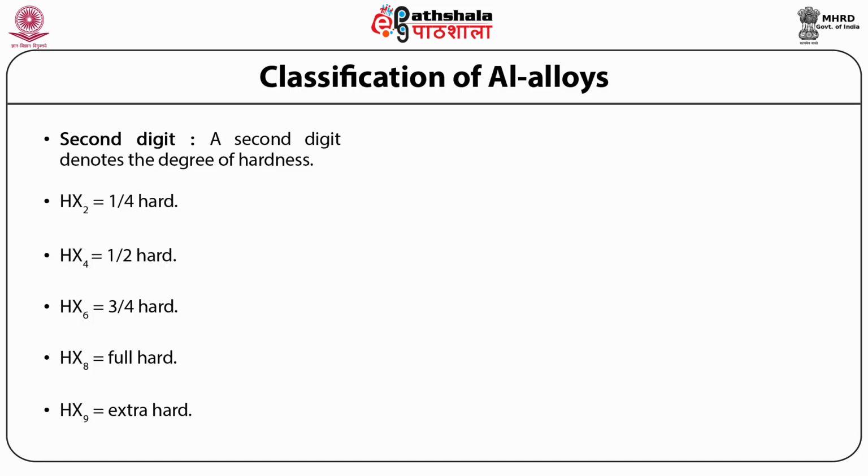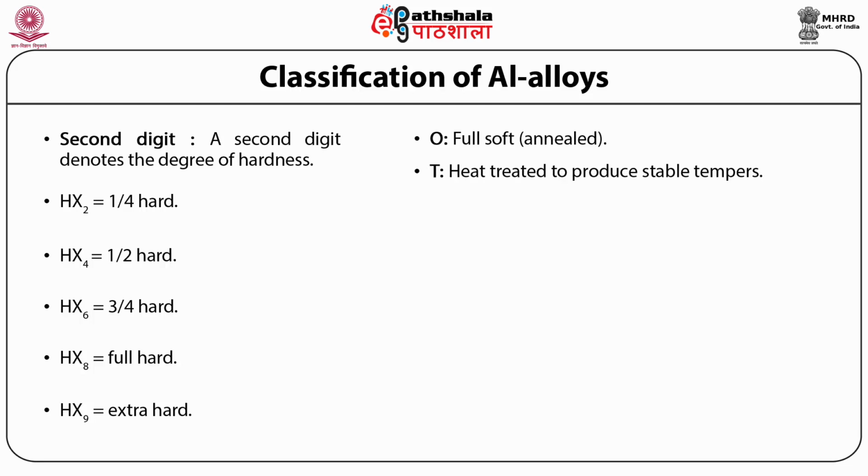Now there are some other definitions also. O corresponds to fully soft annealed, T is heat treated to produce stable tempers.